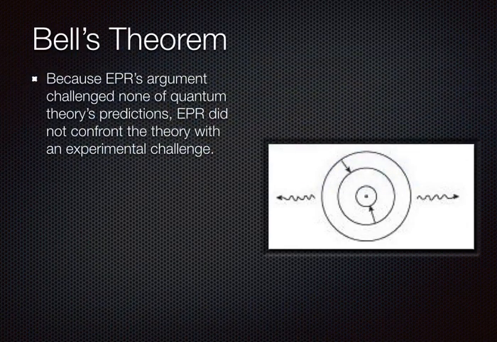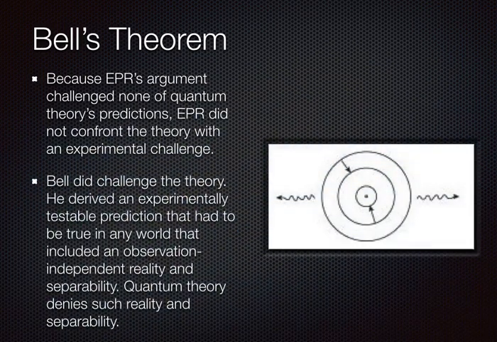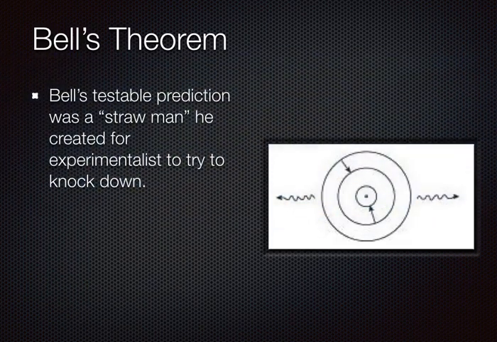So because EPR's argument challenged none of the quantum theory's predictions, EPR did not confront the theory with an experimental challenge. Bell did challenge the theory. He derived an experimentally testable prediction that had to be true in any world that included an observation-independent reality and separability. Quantum theory denies such reality and separability.